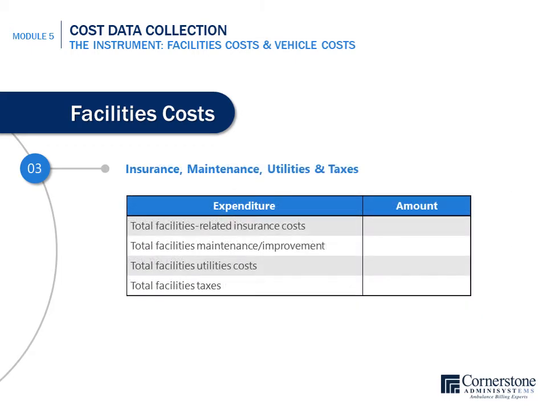Now let's move into insurance, maintenance, utilities, and taxes, where we can see what CMS is targeting. So as we look at the screen here, we see total facilities related insurance costs, total facilities related maintenance and improvement, utilities costs, and total facilities taxes.